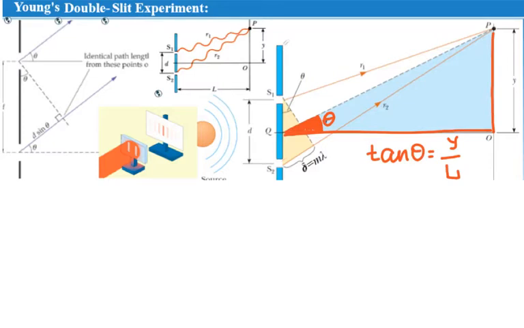Now if I look at this triangle, the distance right here is the number of the wavelengths, maybe 2 wavelengths, 3 wavelengths, 4 wavelengths, 5 wavelengths, and so on. But the wavelength of visible light is in nanometers, so that number is very small.